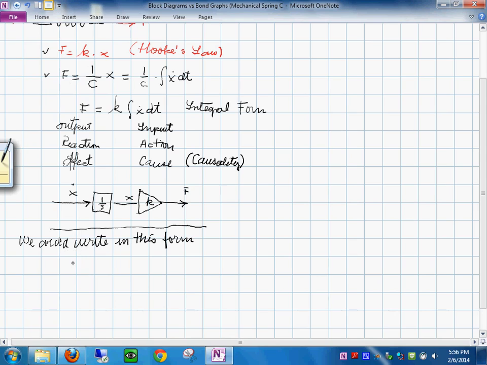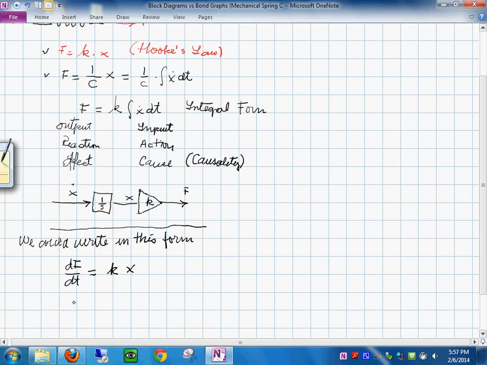So we differentiate both sides and say this is dF/dt is equal to k times the integral, and when we differentiate, this is going to be x dot.